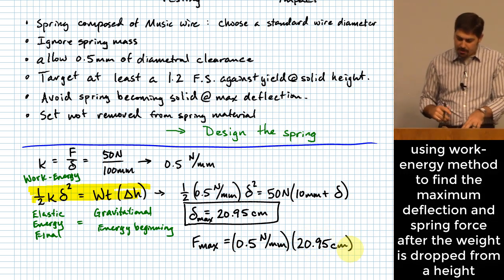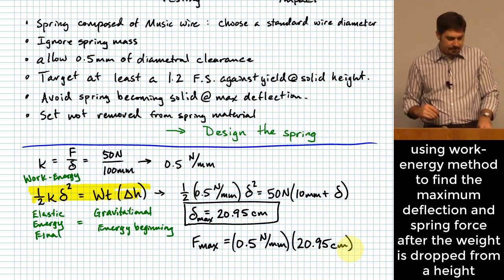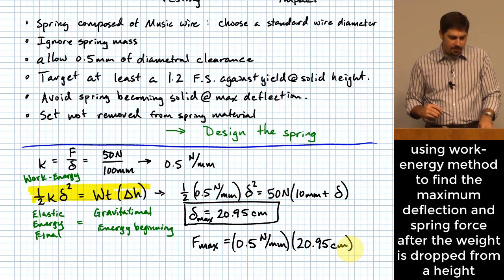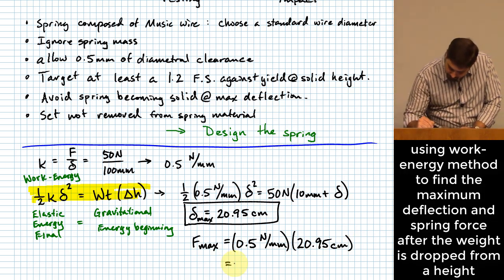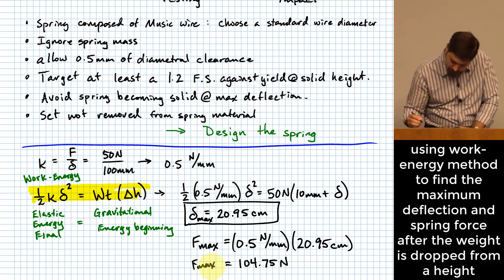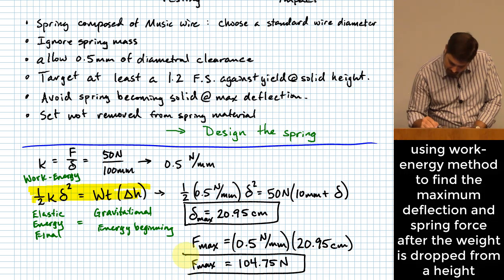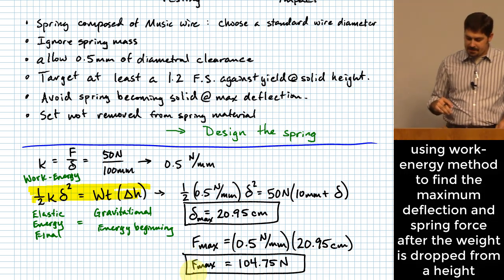That would be 209.5 millimeters. This ends up giving me 104.75 newtons. Okay, so these are all some handy things that we will use in just a moment when we get ready to design this spring.